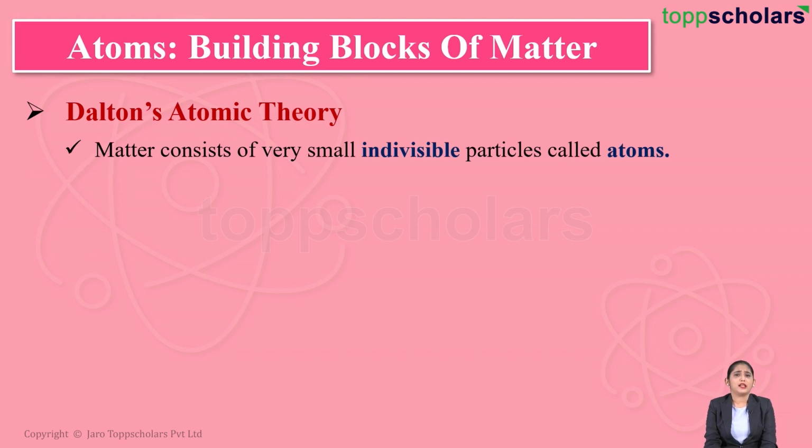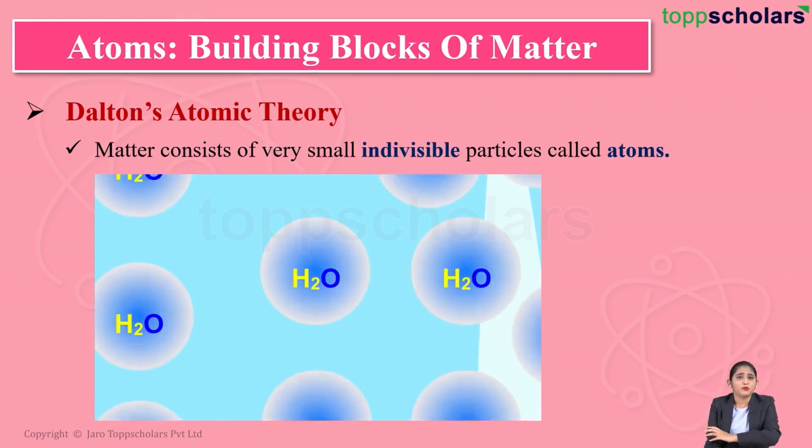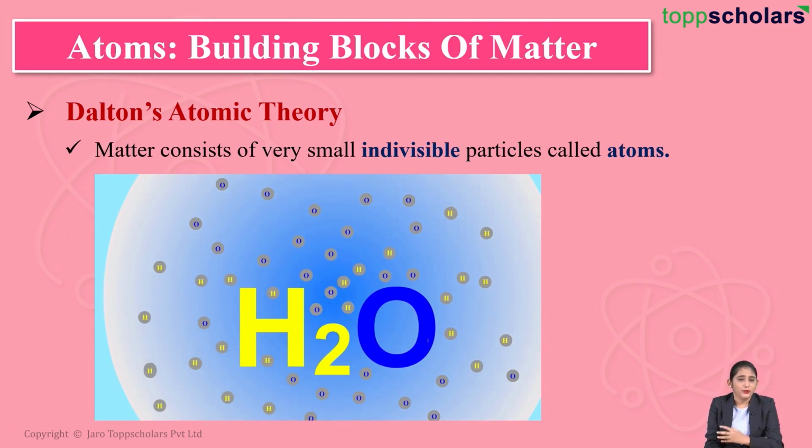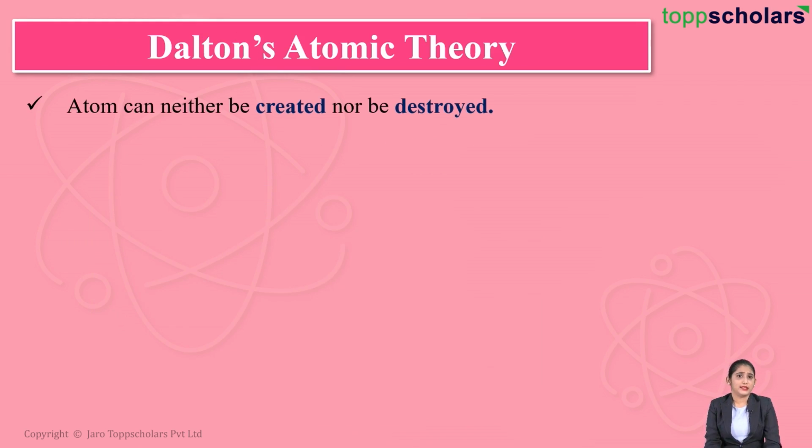So if you look at a drop of water, this drop of water is made up of so many molecules of water. In turn, this drop of water is made up of so many atoms, right? You cannot count the number of atoms that are present in one drop of water. Dalton's atomic theory says that an atom can neither be created nor be destroyed.